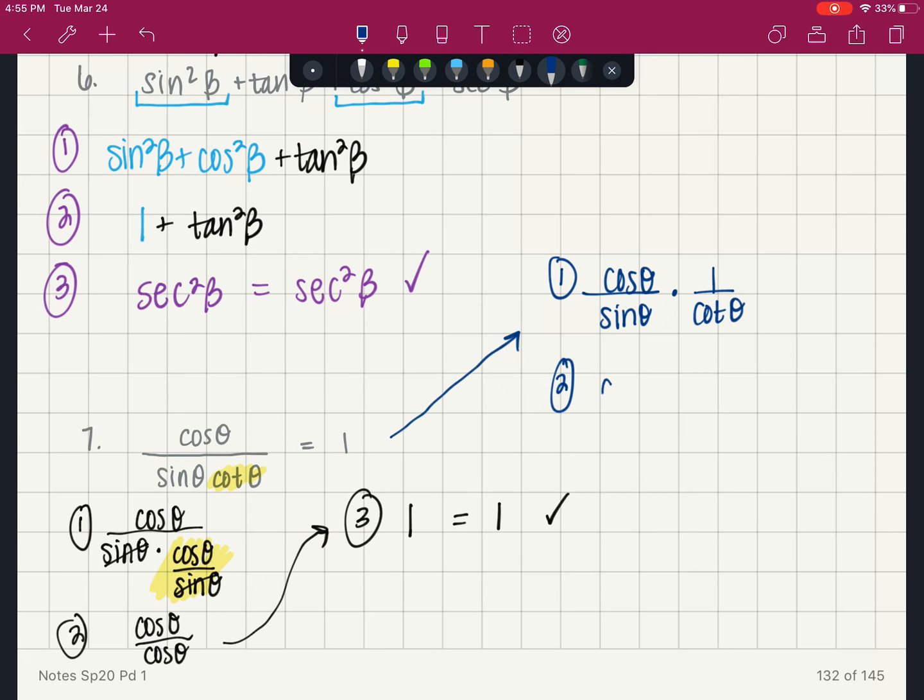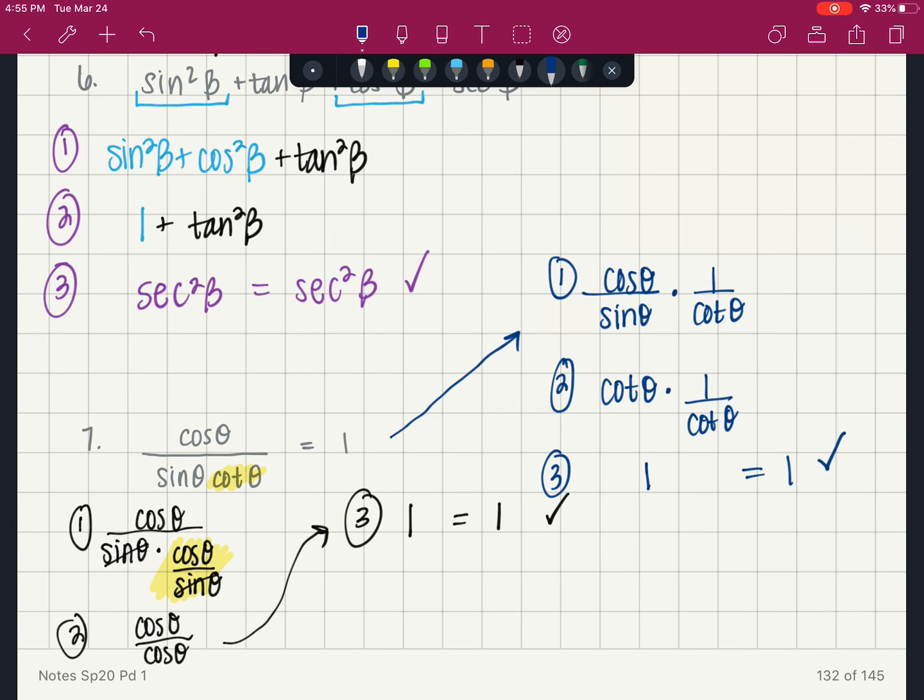And then cosine over sine is cotangent of theta. And when you multiply a value by its reciprocal, you get 1. So cotangent times 1 over cotangent is 1. So 1 equals 1. So both are 3-step verifies, proofs.